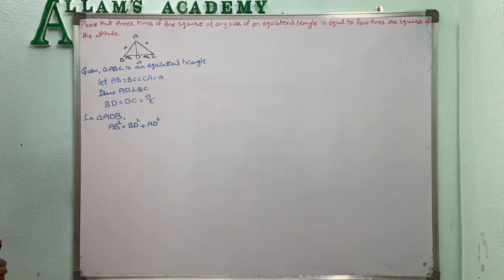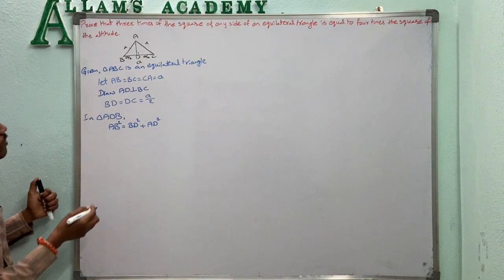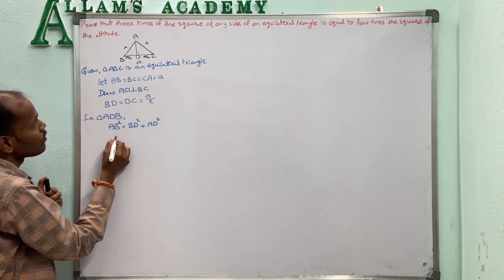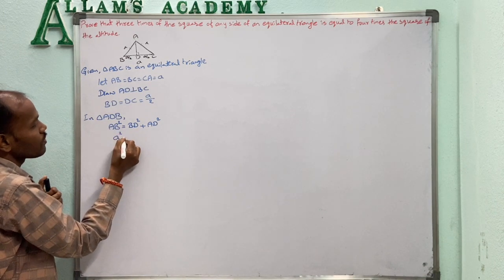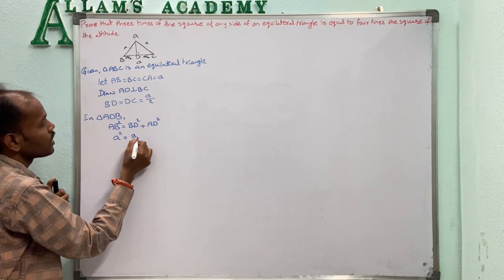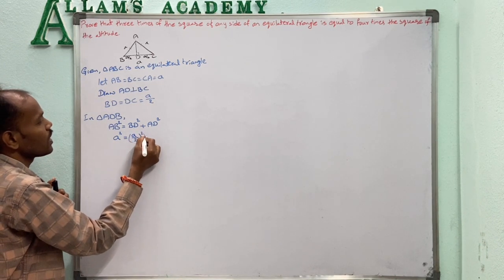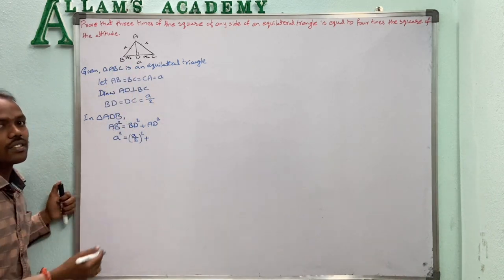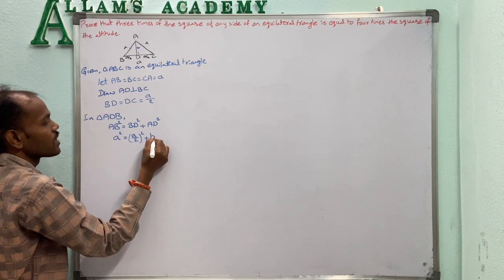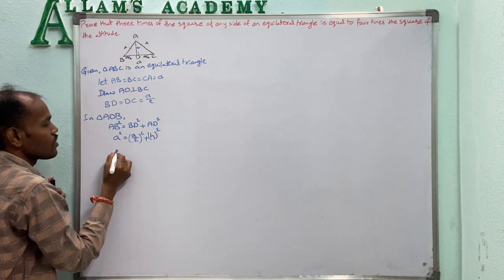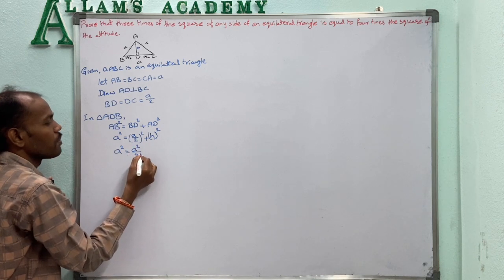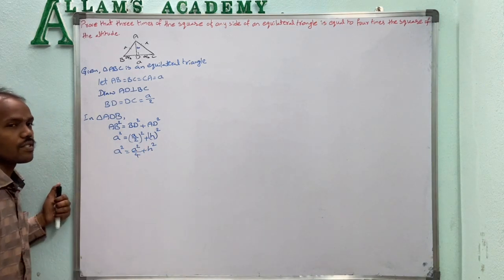Okay, so now AB equals A, so A square equals BD, that is A by 2 whole square, plus AD, the height, which I will call H, so H whole square. So A square equals A by 2 whole square, that is A square by 4, plus H square.